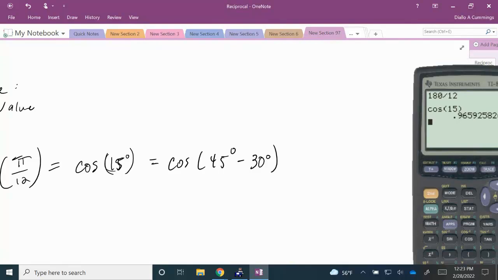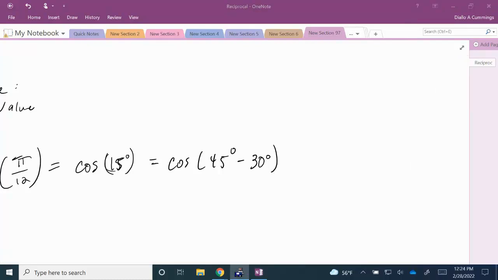All right. So I'm going to utilize the difference of cosine formula. Right above the problem, I'm going to write the formula.